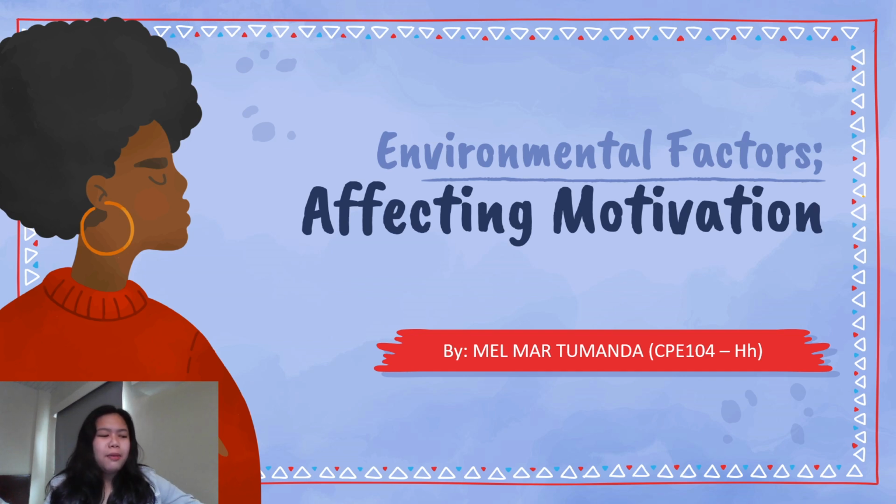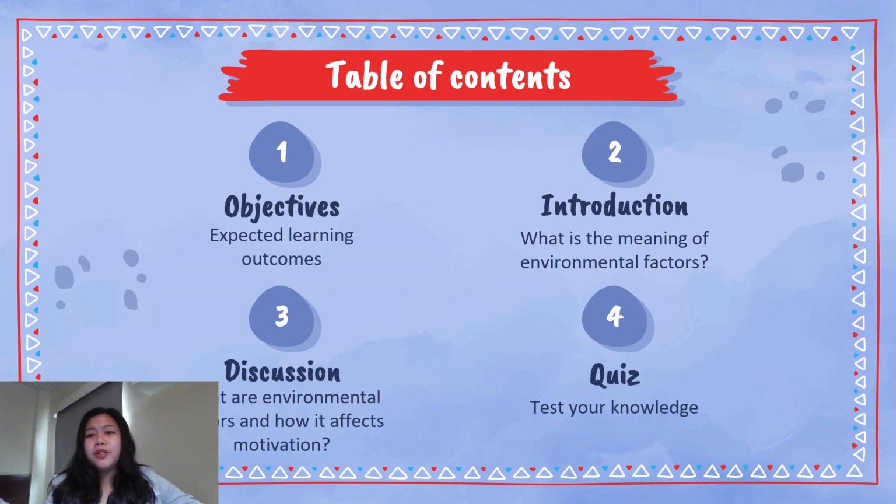Anyway, we are talking about the things that affect our motivation in school. Now, the flow of our discussion will start with our objectives, the expected learning outcomes, and second, introduction.